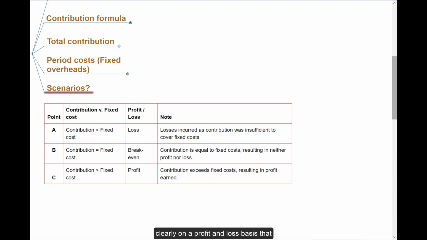Now, clearly on a profit and loss basis, that must be a loss. It has to be a loss. So losses are incurred as contribution was insufficient to cover the fixed costs. So you can see the relationship there between contribution and indeed fixed or period costs.